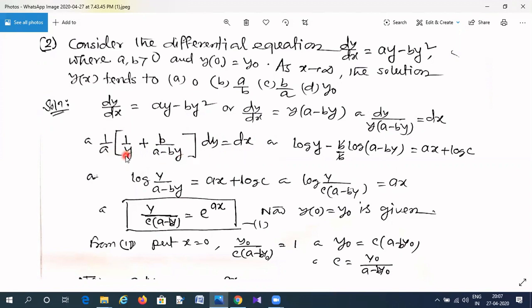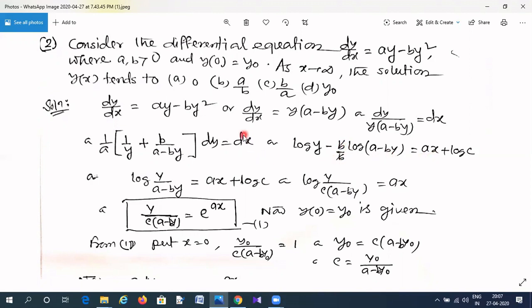Okay. So the integration of this term is 1/a, and if we multiply with a, the 1/a and a become 1, and the a will come here. So the integration of 1/y is log y, minus the integration of b/(a - by), which is log of (a - by). The b will cancel.